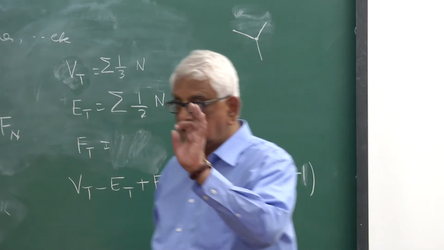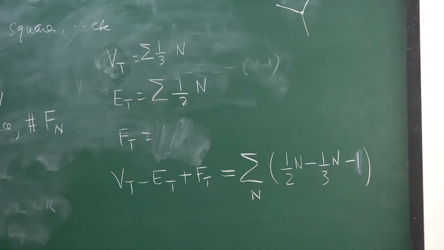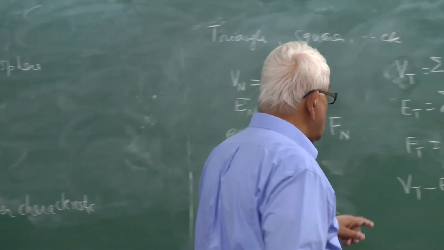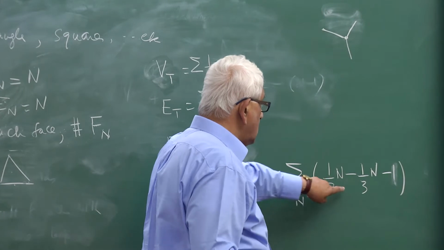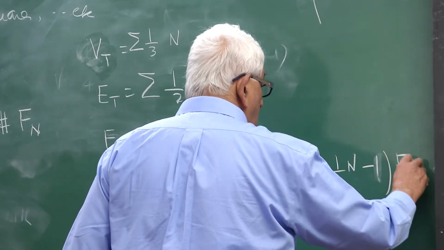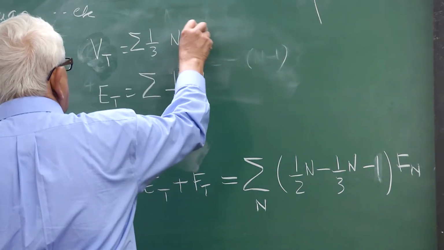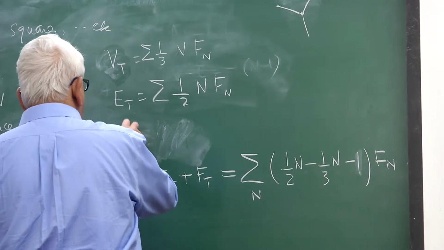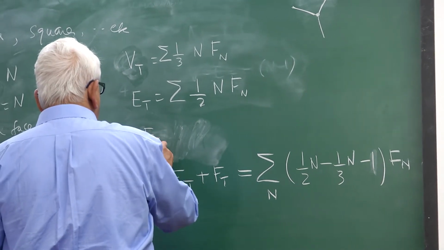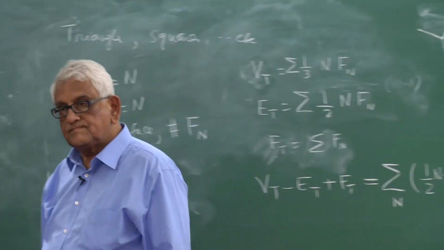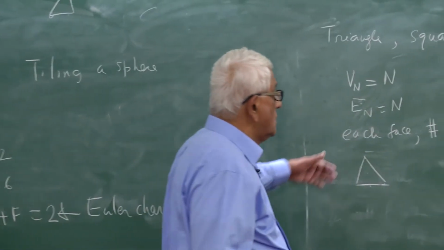So what we are saying is that I take a face, an n-sided face, and when I've glued them together, the net result is I'm generating this F_n.